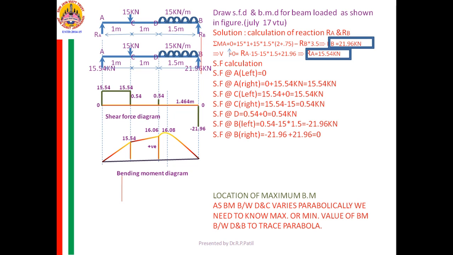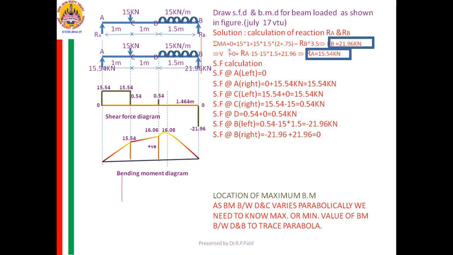Then I am going for right of C. What is it? 0.54. From there I am going to D. What is the value of it? 0.54. Those two are to be joined. But how to join it?